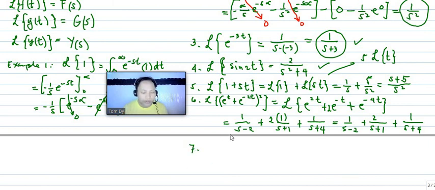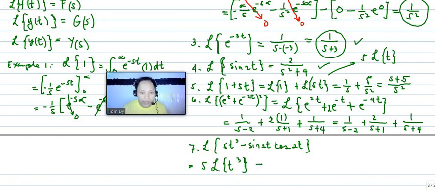Okay, and then let's say another example. Example 7. We have the Laplace transform of 5t cubed minus sine 2t cosine 2t. Now, when we take the Laplace transform, for this 5t cubed we will write it as 5 times the Laplace transform of t cubed, minus the Laplace transform of sine 2t cosine 2t.